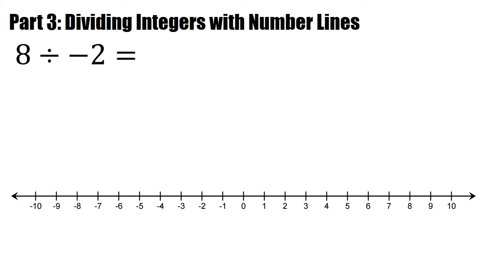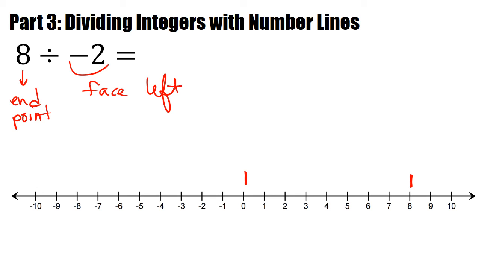Let's take a look at 8 divided by -2. We know that 8 is going to be our endpoint. Our starting point is always 0. Our endpoint is +8, and this time we're going to face left. Each step we take is going to be 2 units long.